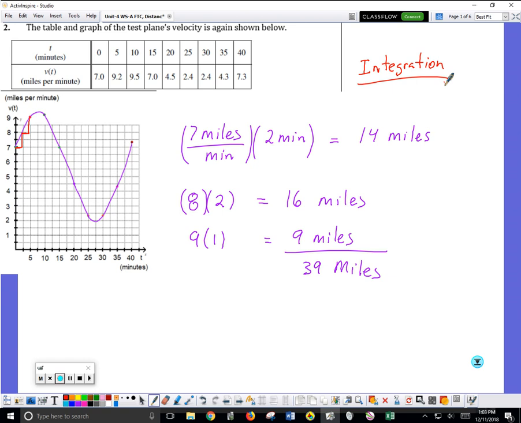We're taking velocity and multiplying by a change in time. So that symbol looks like this. Velocity multiplied by dt. It's a velocity value multiplied by some amount of time. That's what we're doing here. After we do the multiplication, we use the big S to indicate that we are adding them up.